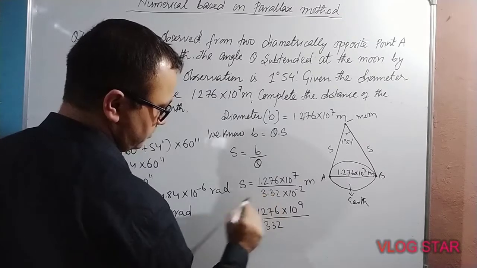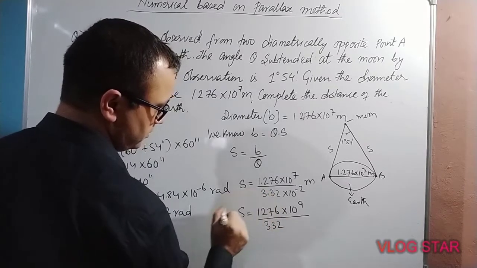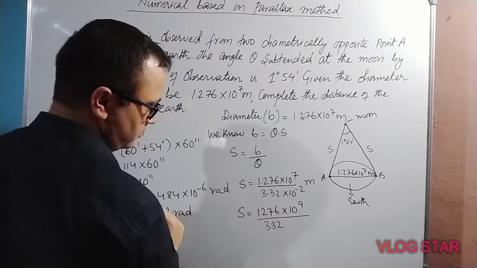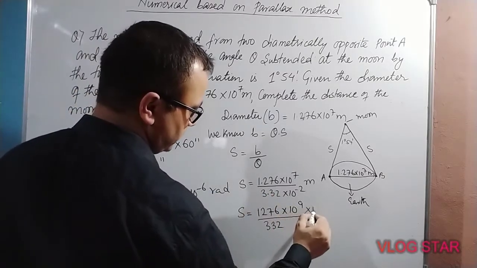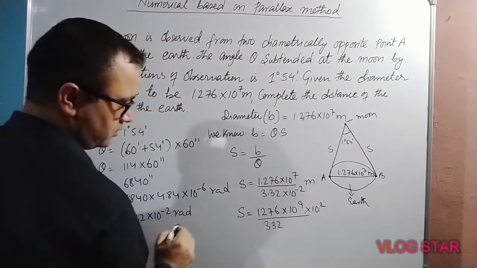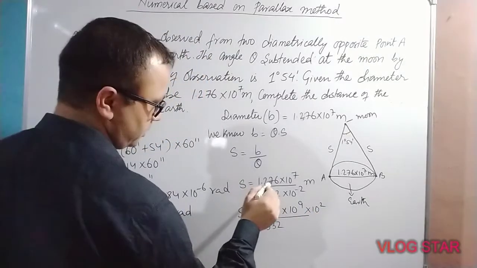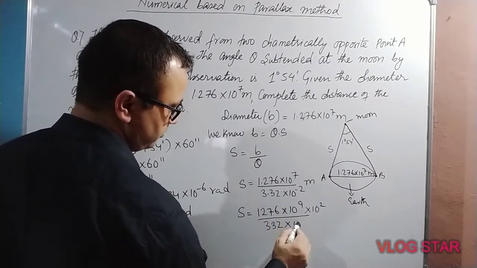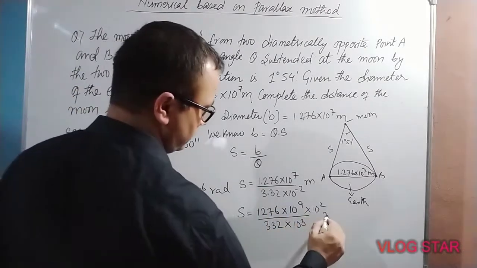In this number, after the decimal there are two digits, so we multiply here by 10 to the power 2. Here 1.276 has three digits after the decimal, so it is 10 to the power 3 meter.